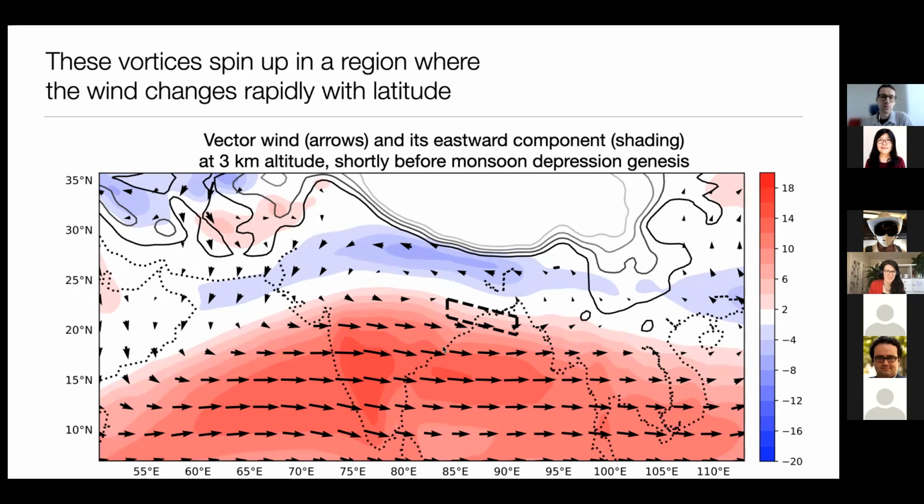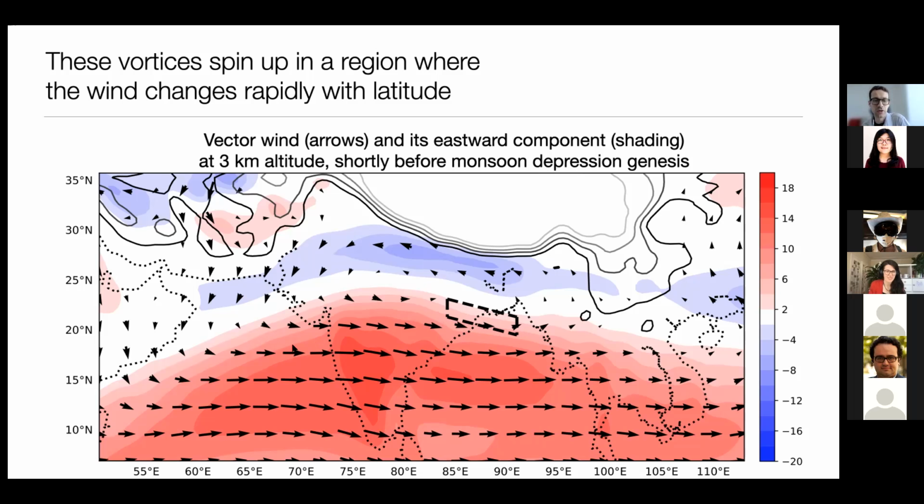So on this plot, you're looking at typical conditions over South Asia a day or two before the vortex of a monsoon depression can first be detected. Those storms form most frequently over this dashed black box region.